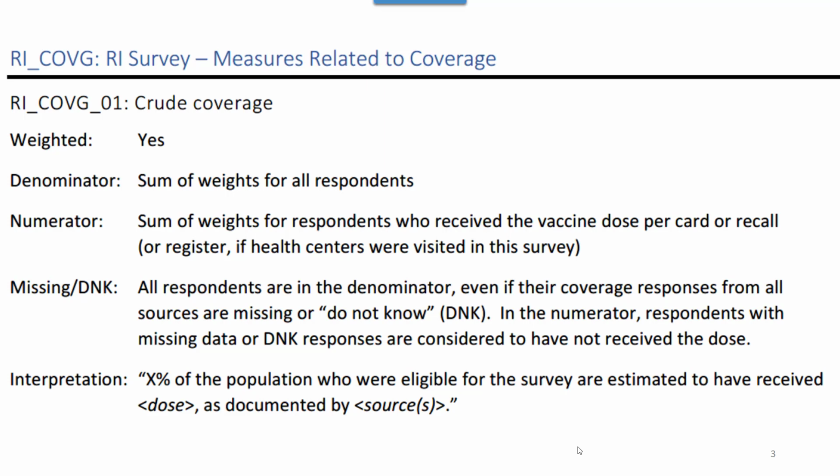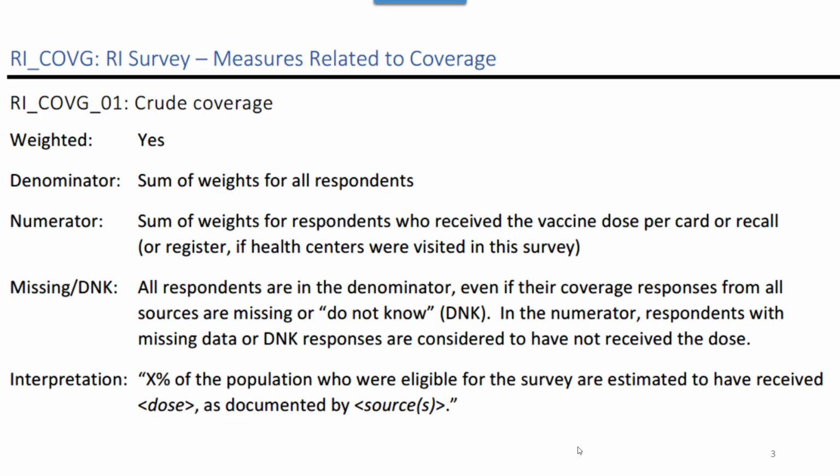It says yes, this is a weighted indicator, and describes the definition of the denominator and the definition of the numerator. The newest version of this document has a section for each indicator saying what we do when the survey variables are missing, or if the caregiver says, I don't know if my child received that dose or not.